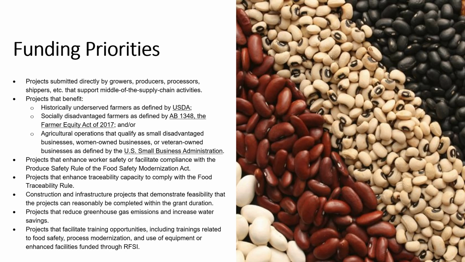CDFA has identified these program priorities to meet the needs of California's agricultural supply chain and lead to a more resilient food system. These can be reviewed in our Request for Proposals, or RFP.